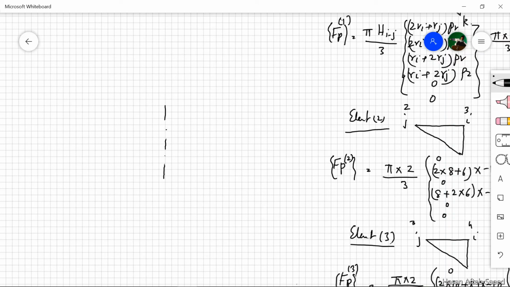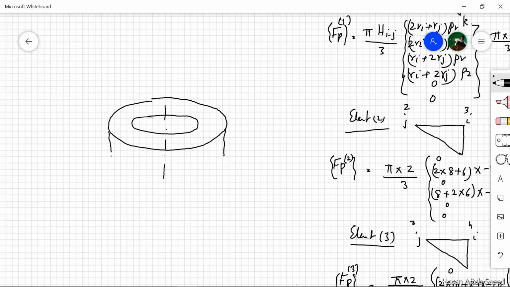This is the center, and the cylinder is something like this. Obviously there's a length here, and all this top surface is under constant pressure Pz, which is actually negative, downwards.